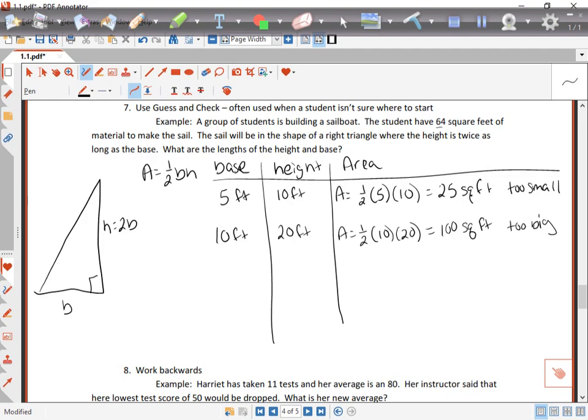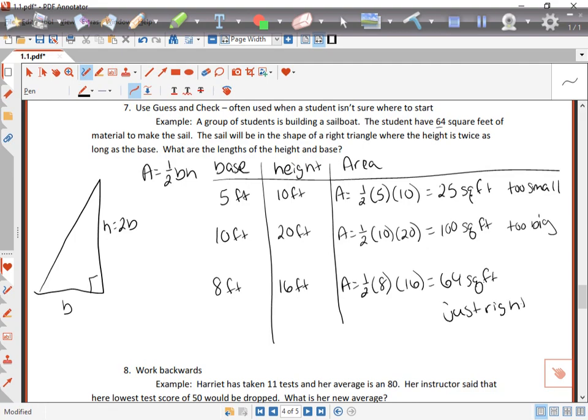So that means my base is somewhere between 5 feet and 10 feet. I'm going to pick a number between, let's say 8 feet. Then height would be 16 feet. 1/2 base times height, and this time I get 64 square feet, which is just right.